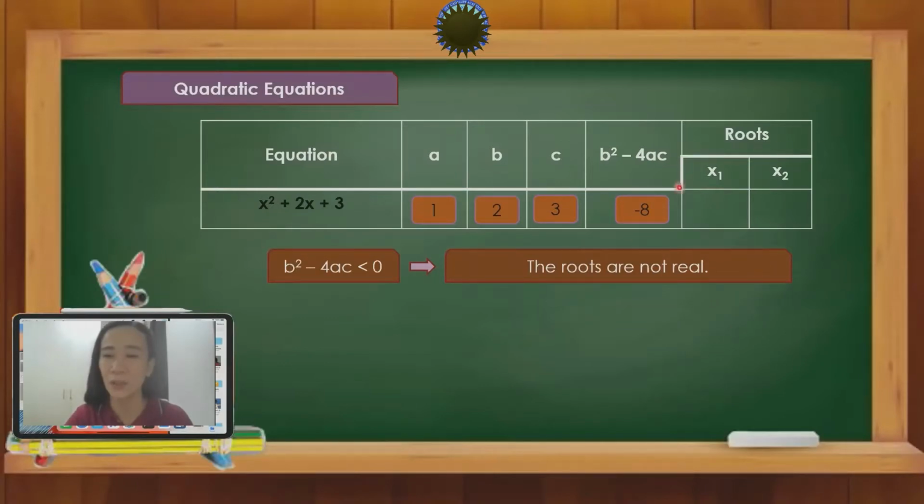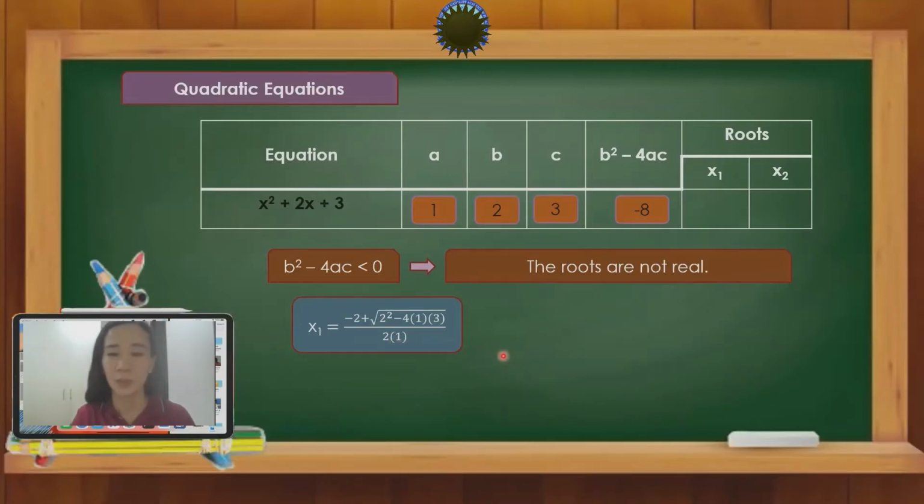Let us try to solve for the value of x sub 1 and x sub 2 using the quadratic formula. For our x sub 1, it is equal to -2 plus square root of 2 squared minus 4 times 1 times 3 all over 2 times 1.